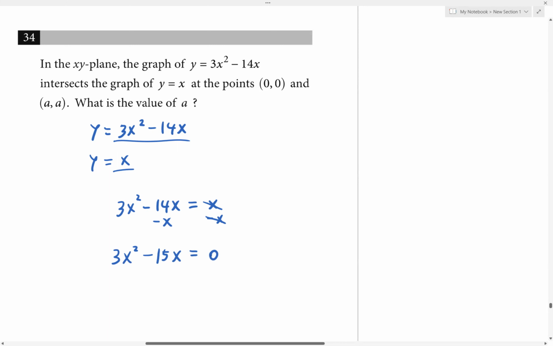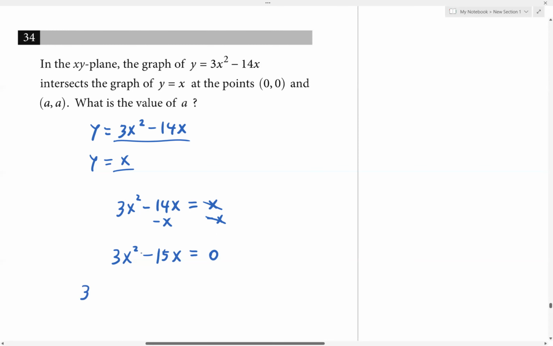All right. And then we have to factor the left side here. We have to check what they have in common. Whatever the common factor is, we pull it out. So we have 3x squared minus 15x. Between 3 and 15, the common factor is a 3, so you can pull out a 3.